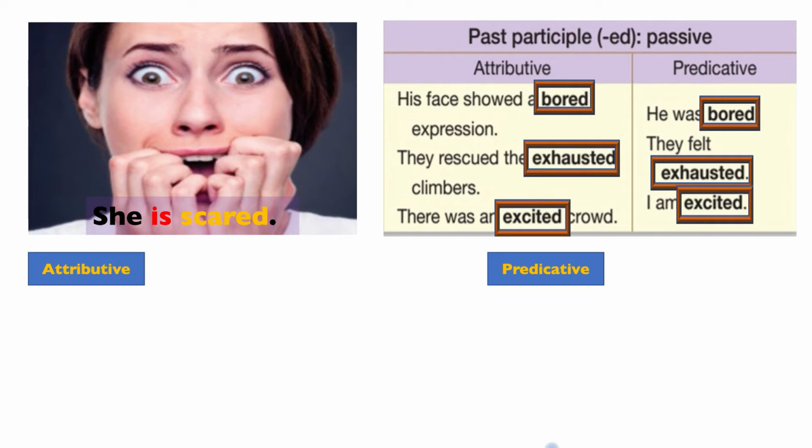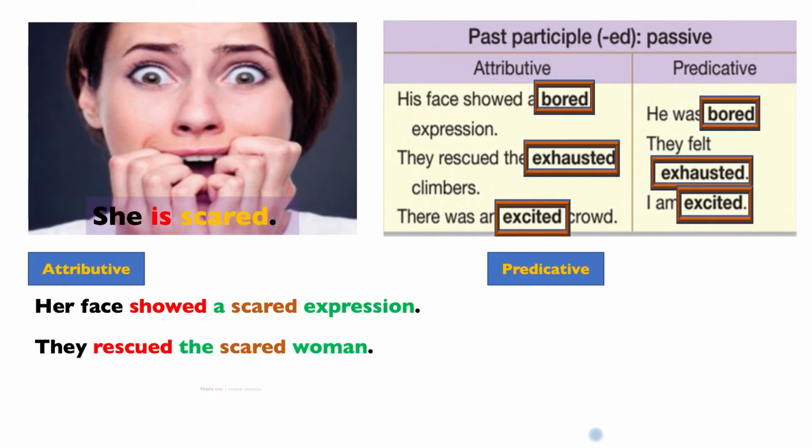They rescued the scared woman. There was a scared woman. Very good. Let's pop those up. There we go. Her face showed a scared expression. They rescued the scared woman. There was a scared woman. And how about the predicative?